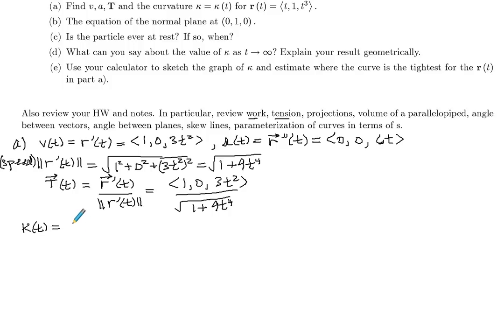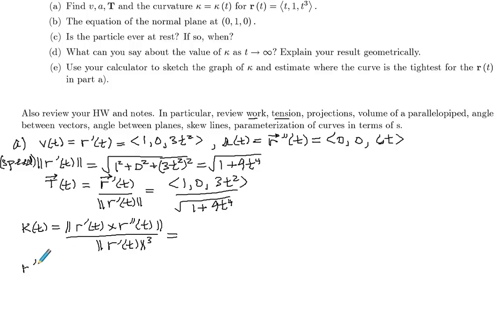So this is length of r prime of t cross r double prime of t, and then we divide by length of r prime of t cubed. That's the easiest formula. Okay, and now let's find this to fill in. We already know this. That's right here, so we'll just have to cube that on the bottom.